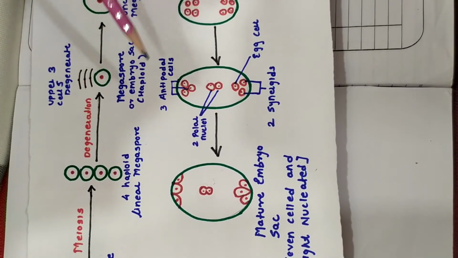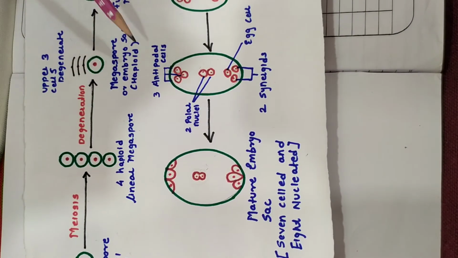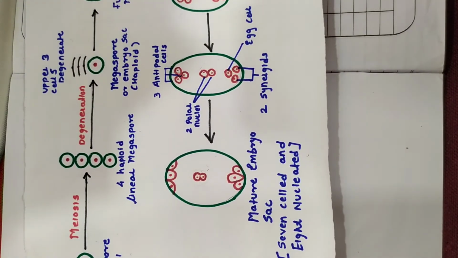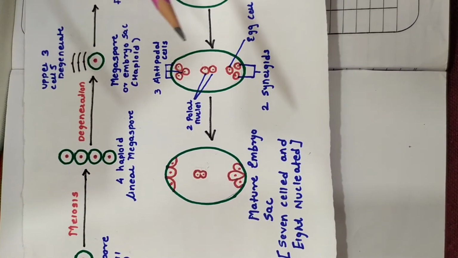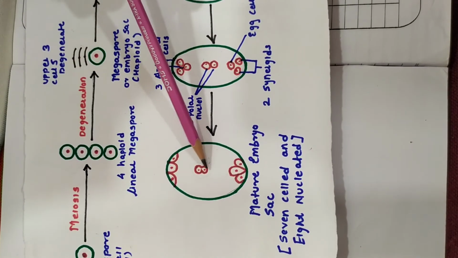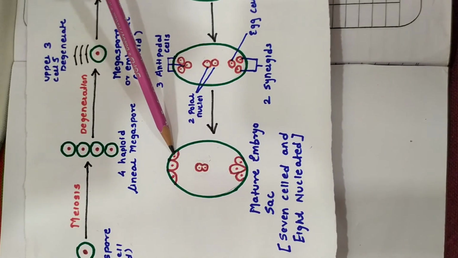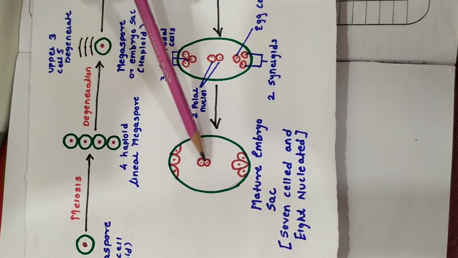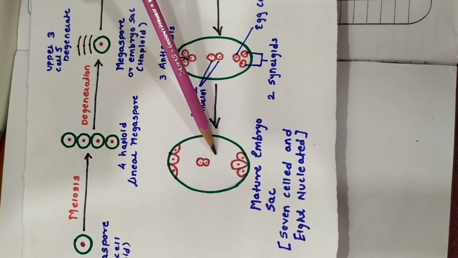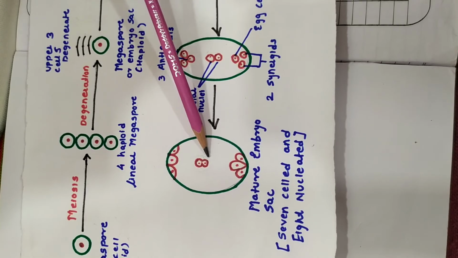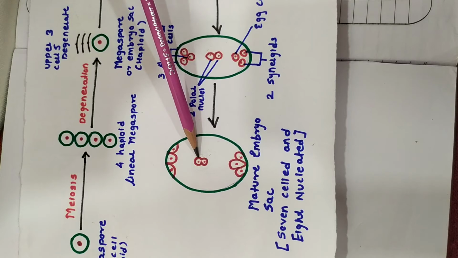Antipodal cells provide nourishment to the secondary nucleus, and the secondary nucleus is diploid in nature and takes part in fertilization. It is 1 cell and 2 nucleated.